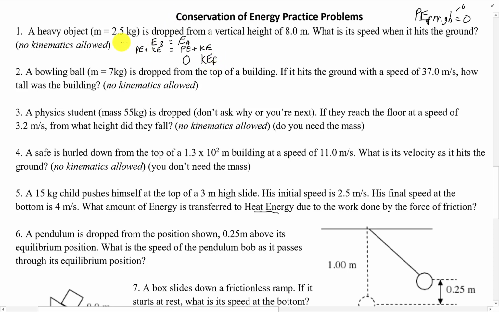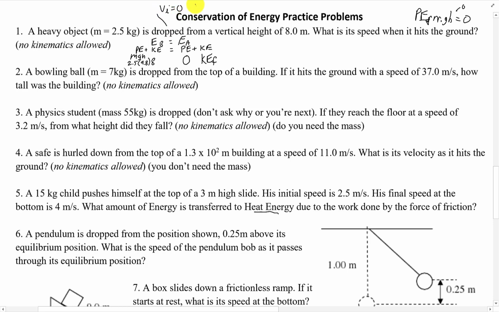So initial potential energy is mgh. So mgh, mass is 2.5, g is 9.8, and the height is 8. The kinetic energy, it's dropped, so the initial speed is 0.